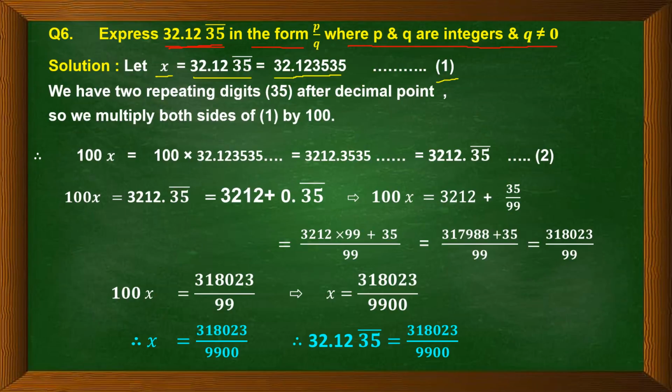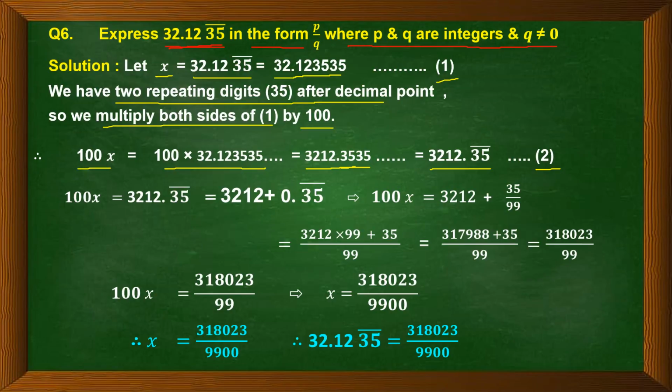Now since we have two repeating digits after the decimal point, we shall multiply both the sides of equation 1 by 100. So 100 into x is 100x and 100 into 32.123535 is nothing but 3212.3535. Now since after the decimal point 35 is being repeated, it can be put under the bar. So we can write 3212.35 bar. So this is our equation 2.